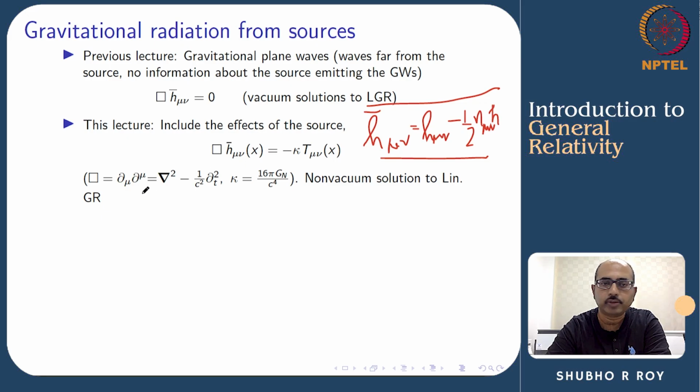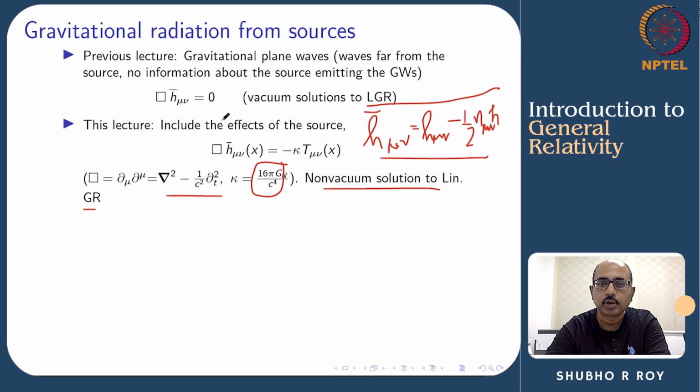So the box operator, as usual, is the D'Alembertian in flat space because we're operating in the weak field regime and the metric can be considered mostly Minkowskian. And then kappa, this constant, is a short form for, I believe, 16 pi G Newton over c to the fourth. So now we are studying non-vacuum solutions to Einstein general relativity, or linearized Einstein general relativity.